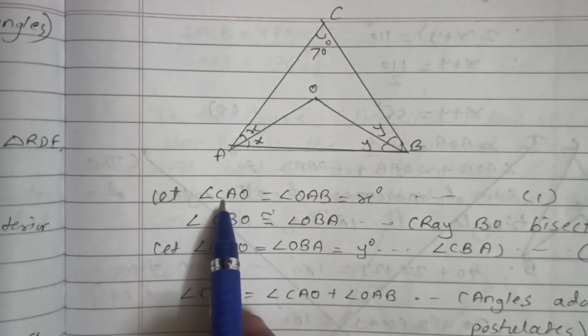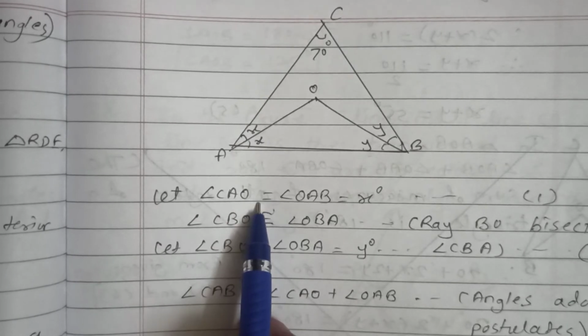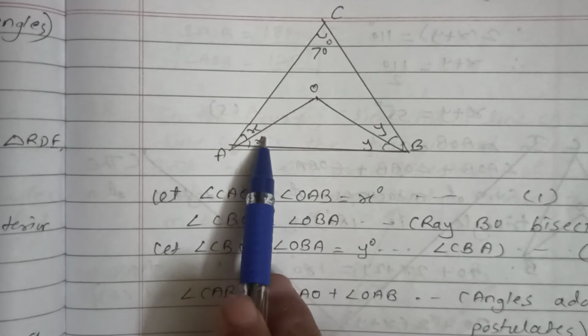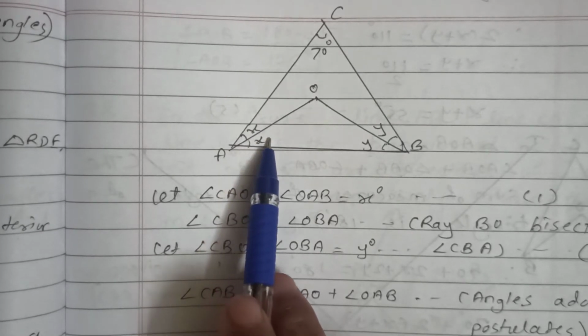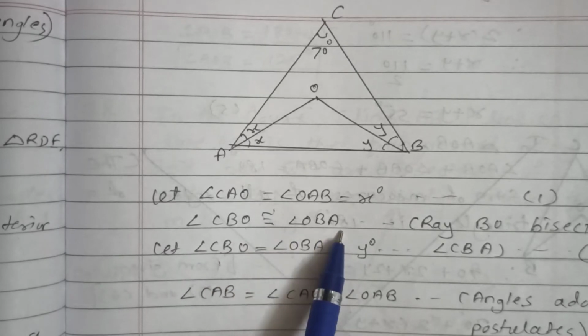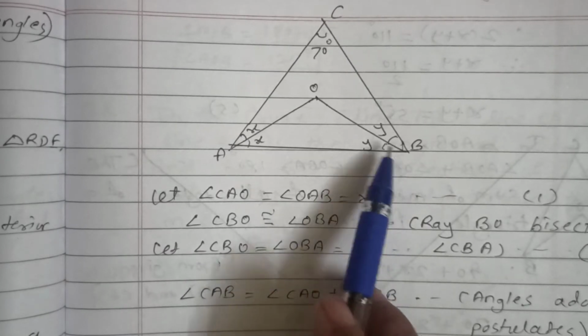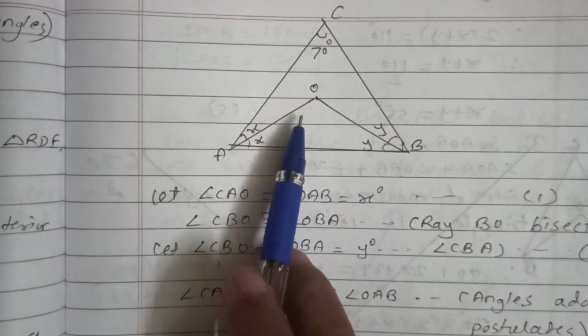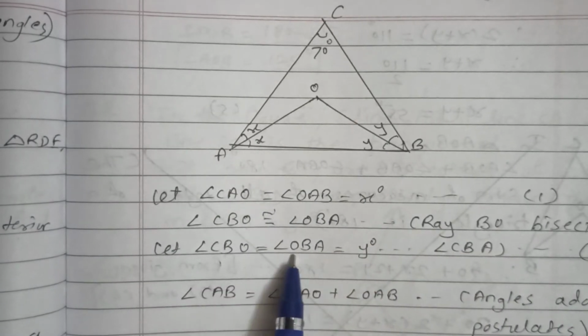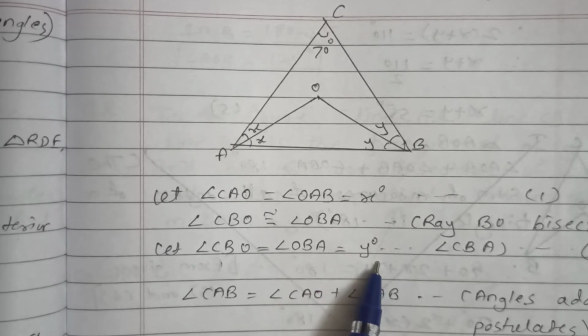Now let angle CAO be equal to angle OAB, equal to x degrees. Angle CBO is congruent to angle OBA because ray BO is the angle bisector. Let angle CBO be equal to angle OBA, equal to y degrees.